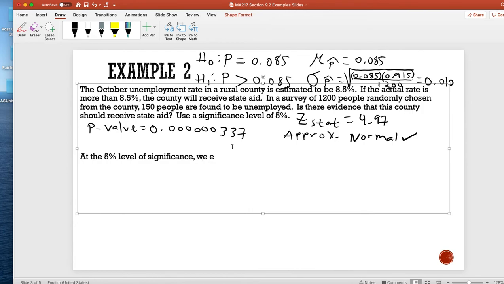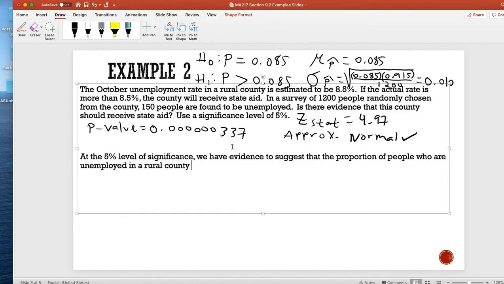So we have evidence to suggest that the proportion of people who are unemployed in a rural county is greater than 8.5%.